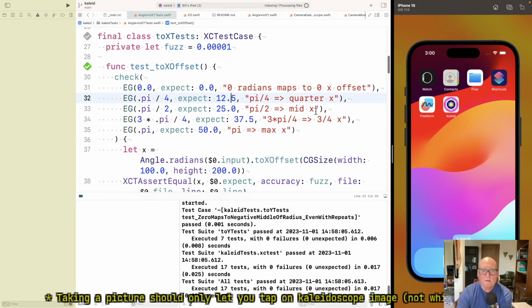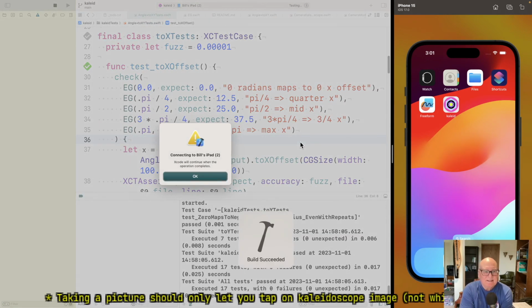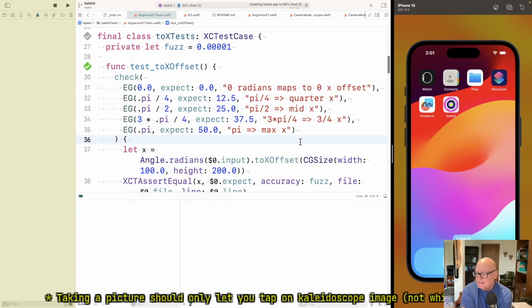I don't know what I'm getting that for. Got it set to run iPad. Xcode will continue, yes. Okay.